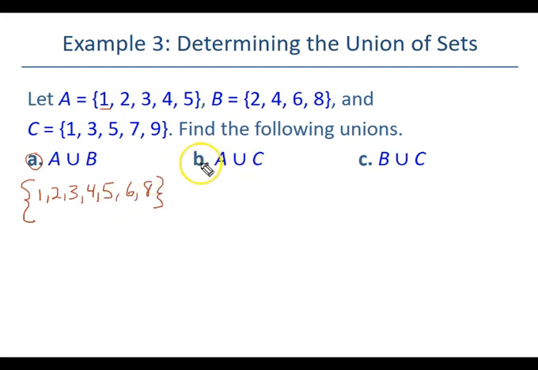Now, union between A and C. Well, a shortcut is we know we have 1 through 5 here, so 1, 2, 3, 4, 5. And then now we have 7 and 9.